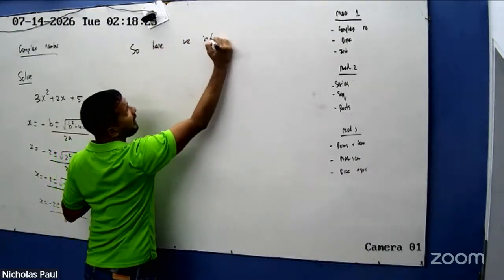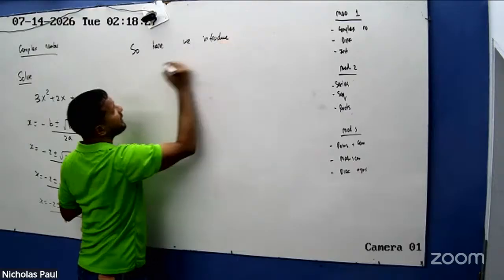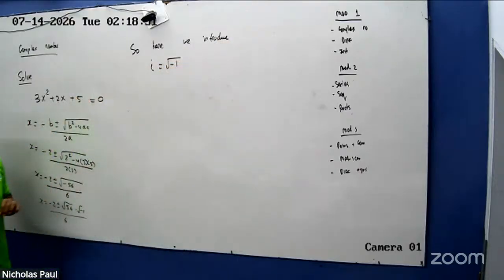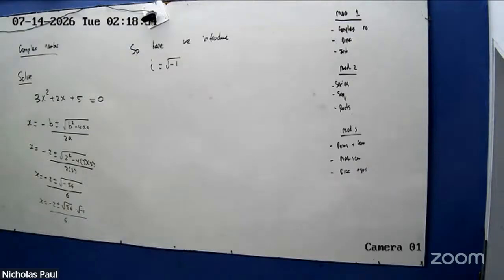So here we introduce something called i. i is the square root of minus 1. If you put this in the calculator, you'll get i as a solution, and so i replaces the square root of minus 1 and allows us to work like normal, right?